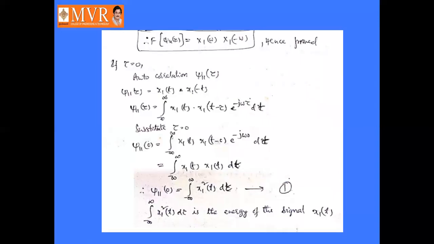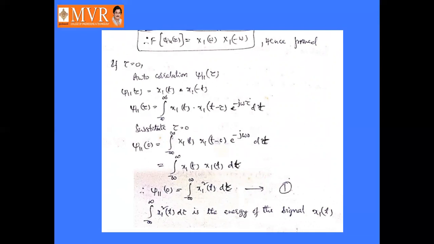Hence, if tau equal to 0, then the autocorrelation J11 of tau is integral from minus infinity to infinity x1 of t into x1 of t minus tau into e power minus j omega tau dt, right?